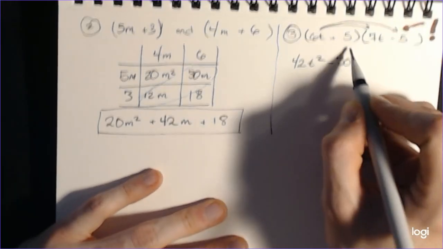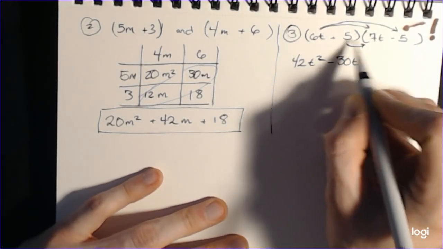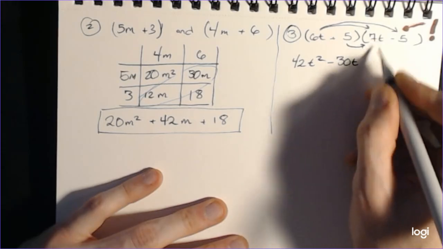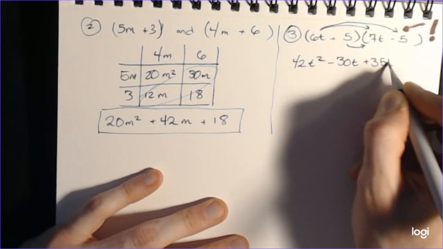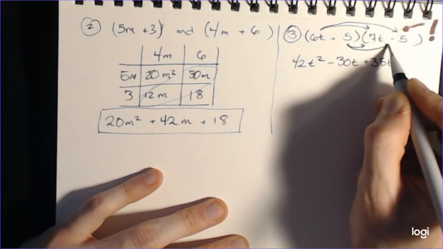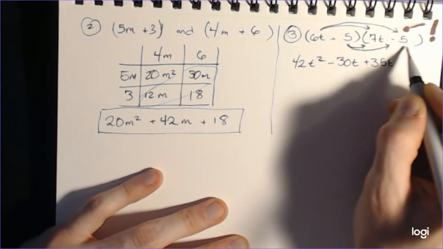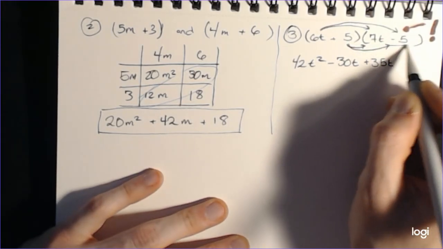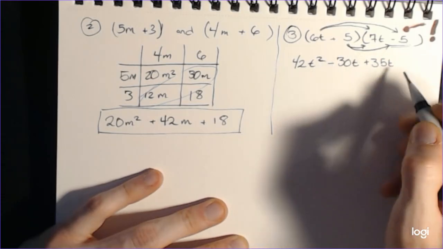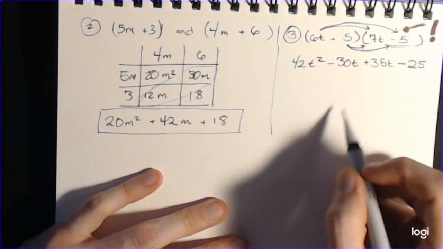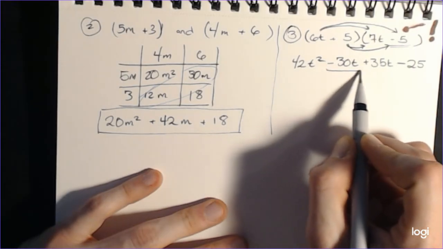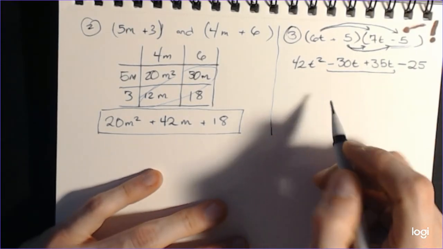And then we multiply these inner terms. 5 times 7 is 35t, but this is positive, so we do plus 35t. And then we do 5 times negative 5, again remembering to keep that negative. So 5 times 5 is 25, but we make it negative, so we do minus 25. And now we combine these two middle terms here.